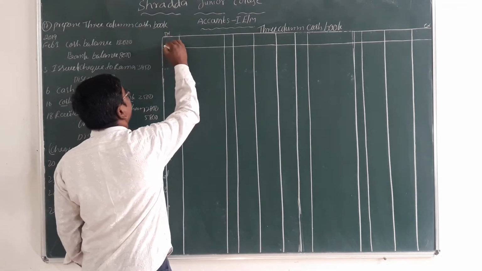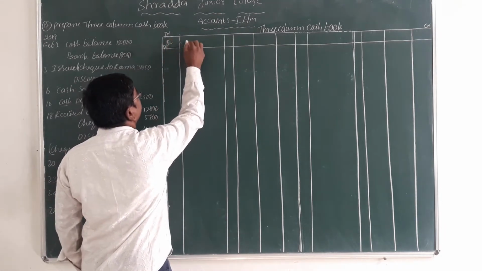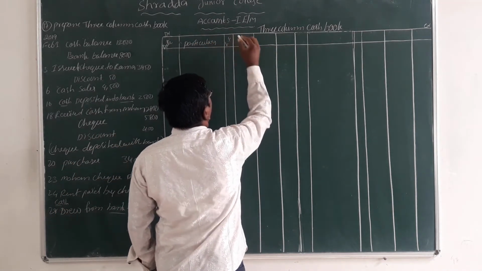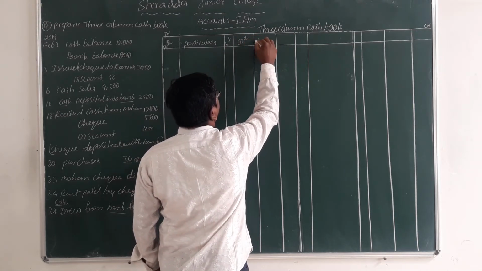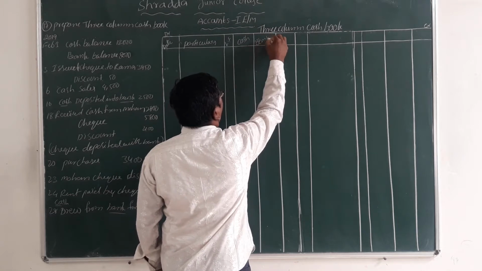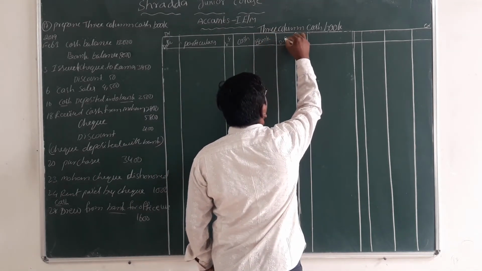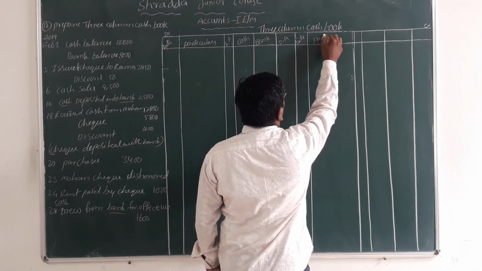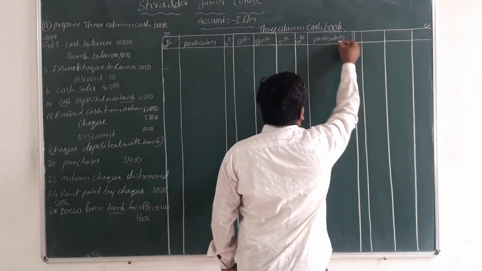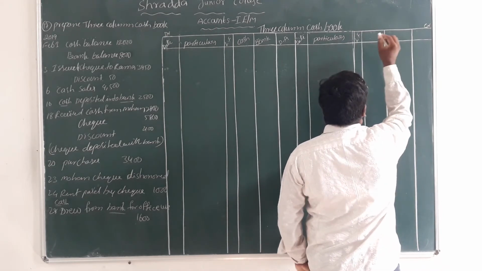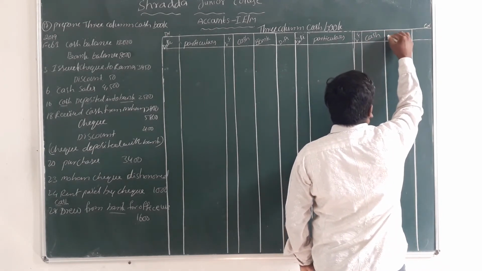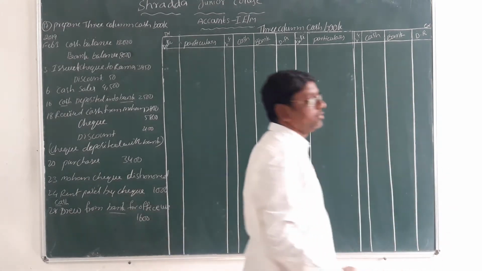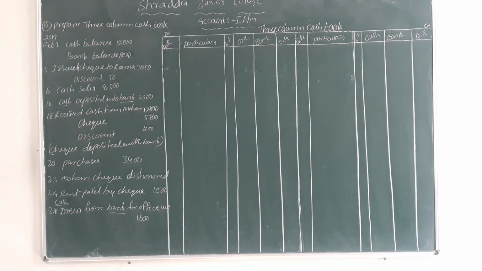Let us write here: date, particulars, LF, cash, bank, discount allowed, DA means discount allowed. At the same time on the right: date, particulars, LF, cash, bank, discount received. These are the three column cash book formats, friends.